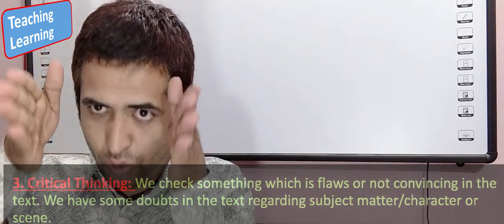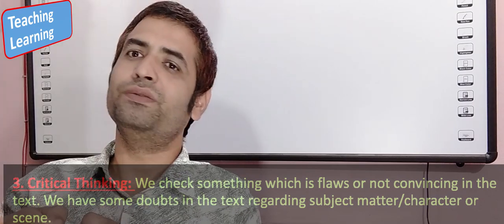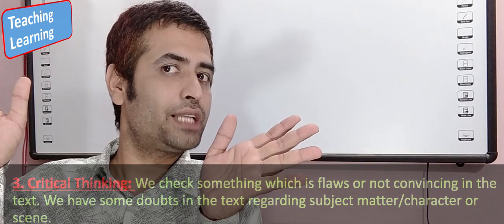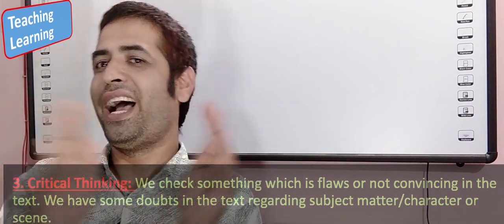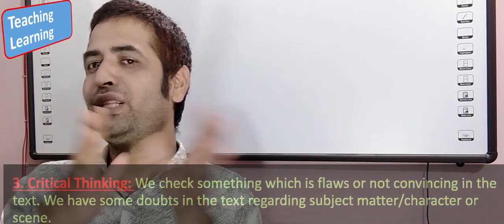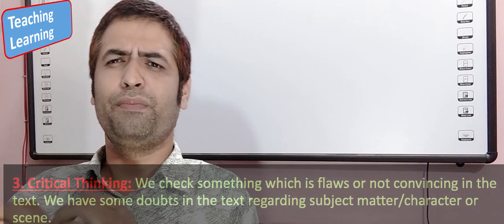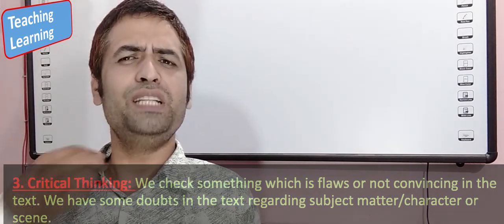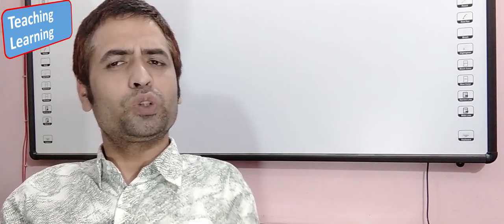Do not be like the horse that people simply lead. You should open your eyes and check this side and that side, so that you can think critically and find strengths, weaknesses, positives, negatives, and some areas, messages, events, or characters that are not that convincing, and sometimes not even that possible.